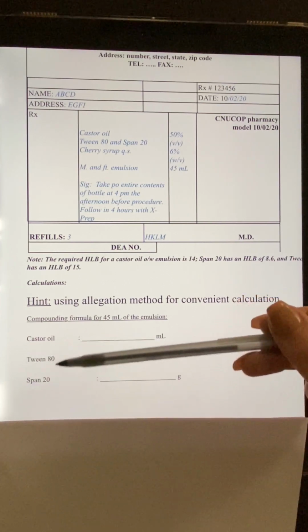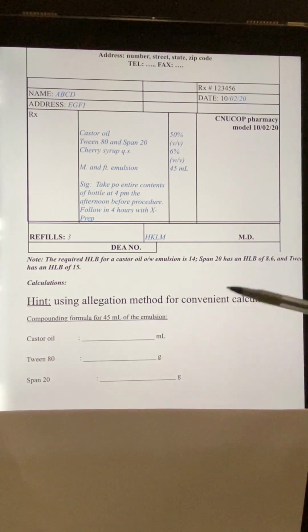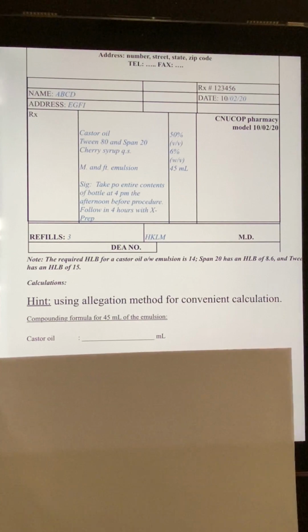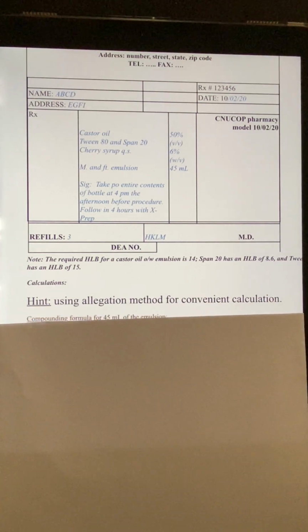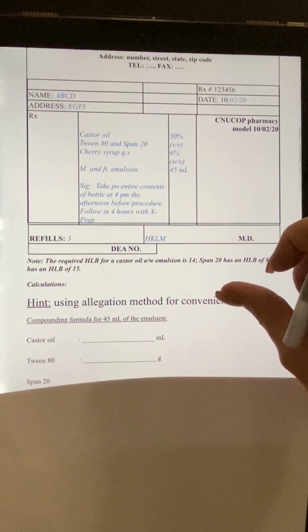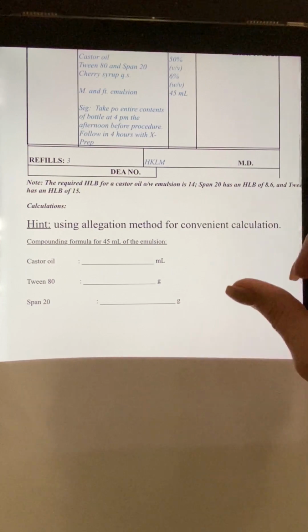These are just part of the name of these surfactants that are used to make this emulsion. And the HLB numbers are hydrophilic, lipophilic balance, which is a way to represent the strength of the surfactant molecule. So you will be using these numbers when you use the alligation method.